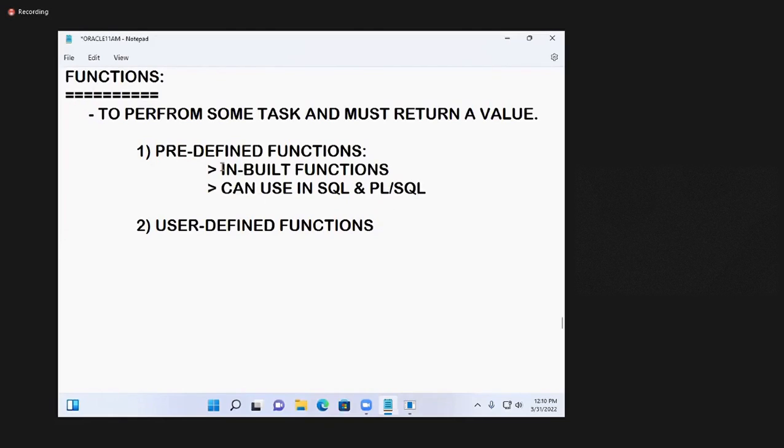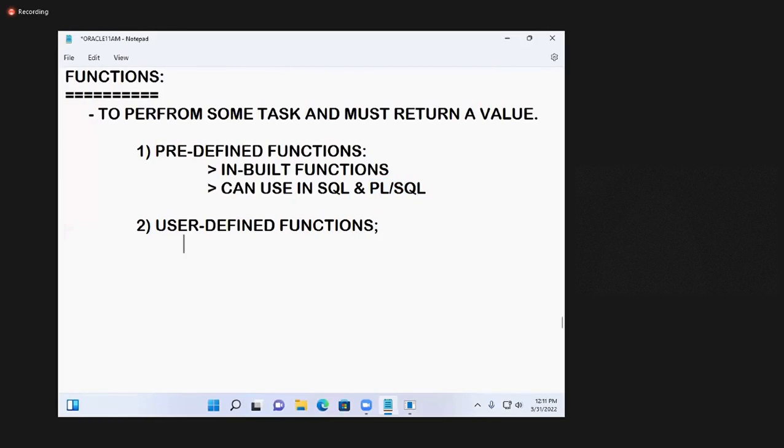Predefined functions, we call them inbuilt functions also, and they can be used under both languages: either in SQL queries, and PL/SQL programs also I can use.